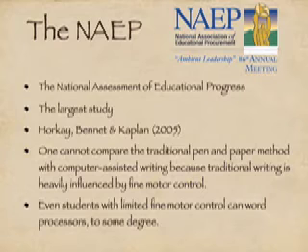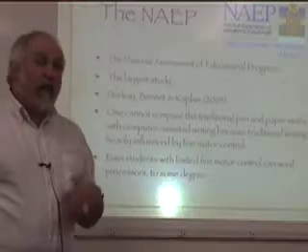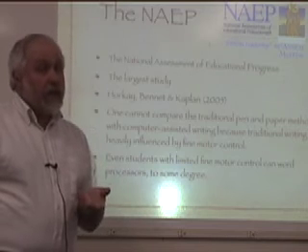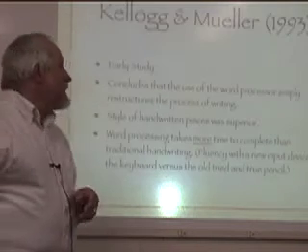Although typing on a computer or keyboarding also involves fine motor control issues, they're different issues. And so even students with limited fine motor control, we found, and the NAEP found, could control word processors to some degree, and to a better degree, quite often, than if they had just a pen or a pencil.